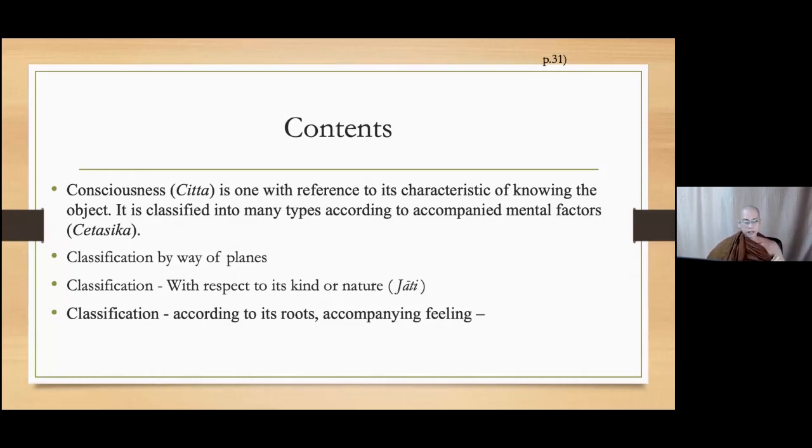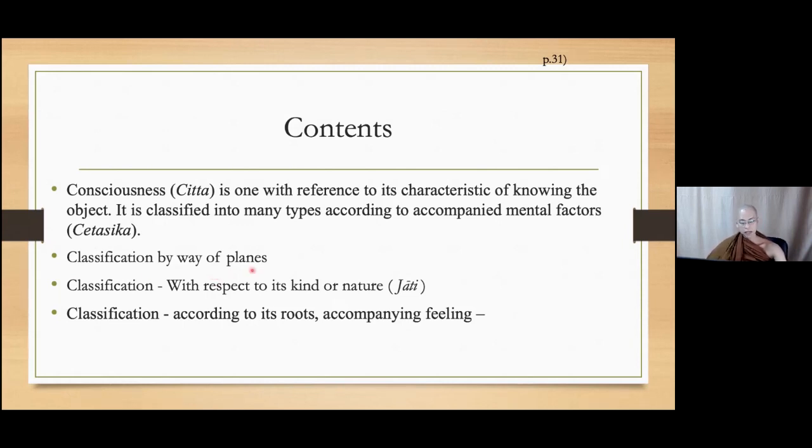By seeing the accompanying factors, we can classify the types of consciousness into different kinds. So here are some methods of classification of citta. First, classification by way of planes.